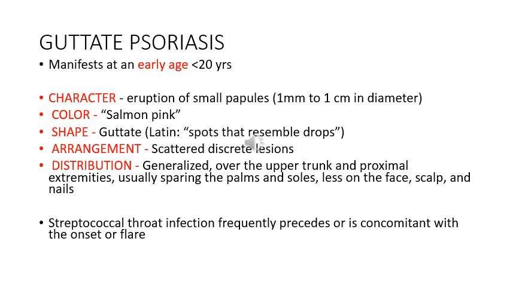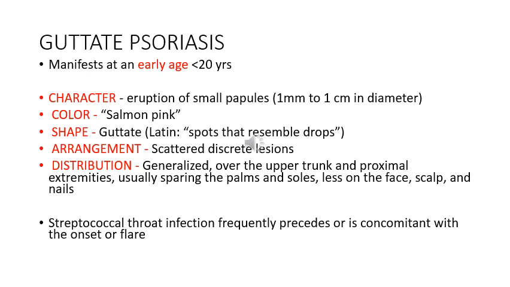The color is salmon pink, a mixed shade of pink and orange, related to the color of the flesh of salmon fish. Then the shape is guttate. Guttate in Latin means spots that resemble drops, water drops. So small drops.